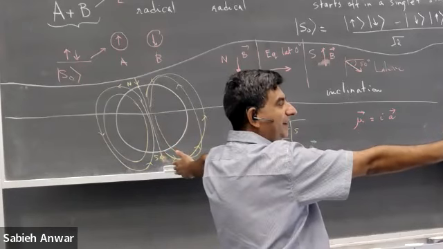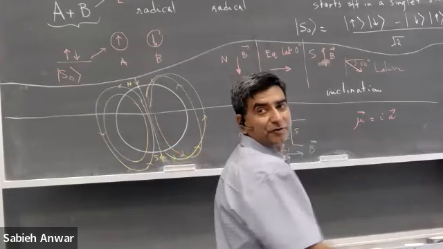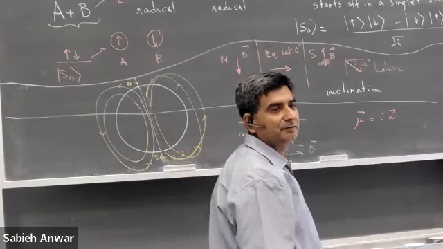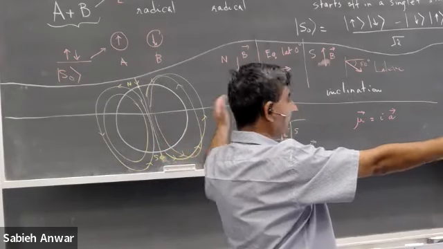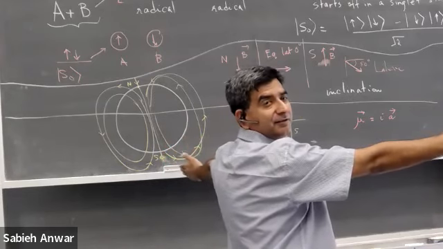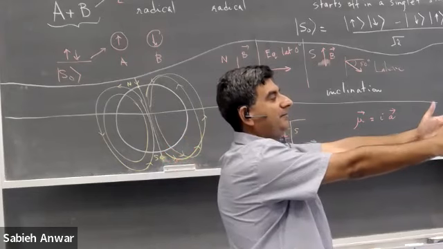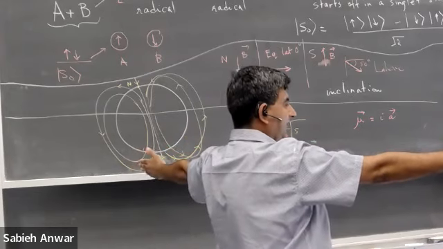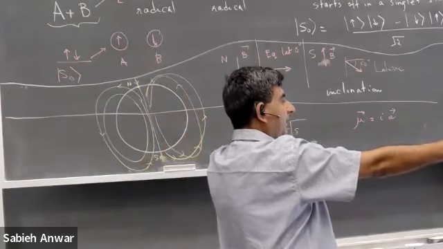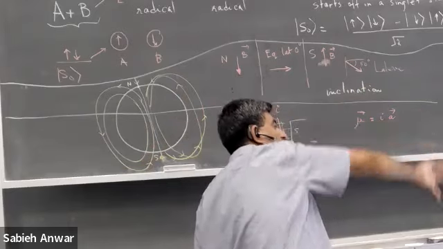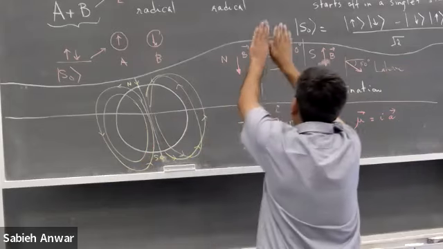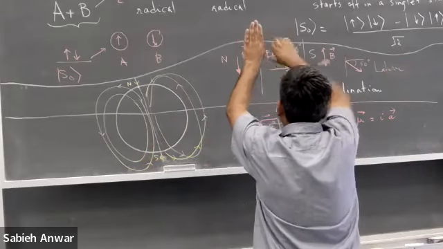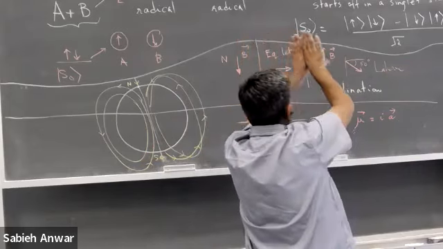What's going to happen is a torque is going to be produced. Now this torque is mu cross B. So this is my mu, this is my B. I take the vector product of mu and B, and I get a torque pointing downwards, which means that this coil is going to turn.